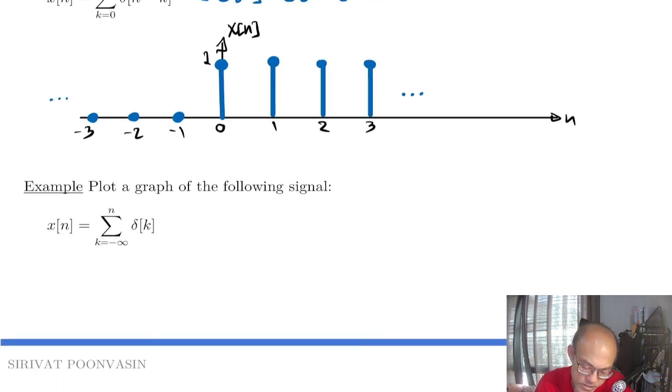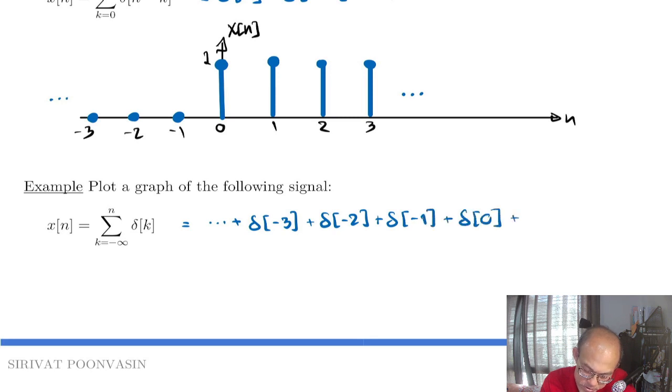And another example, this one. Now for this one, we have this one equal to dot dot plus delta of minus 3 plus delta of minus 2 plus delta of minus 1 plus delta of 0 plus delta of 1 plus and so on, plus delta of n.